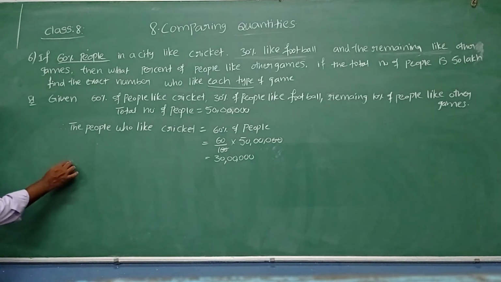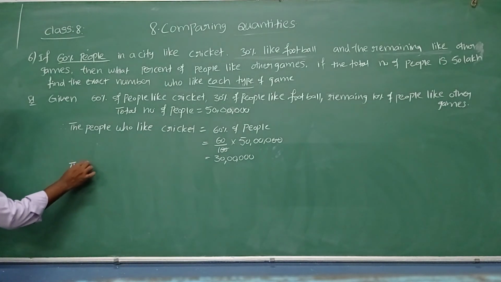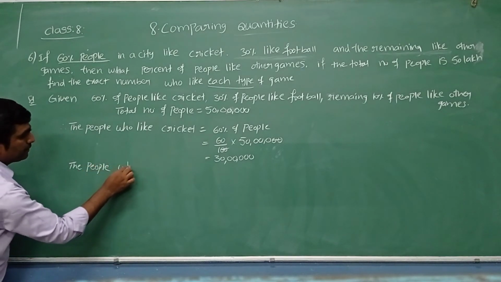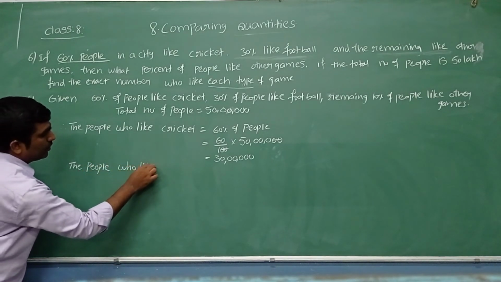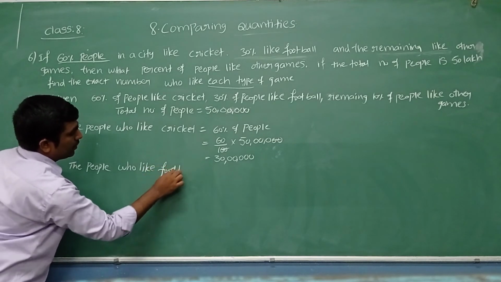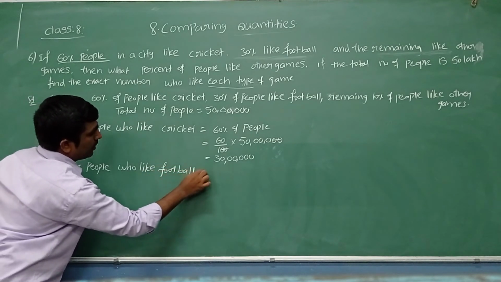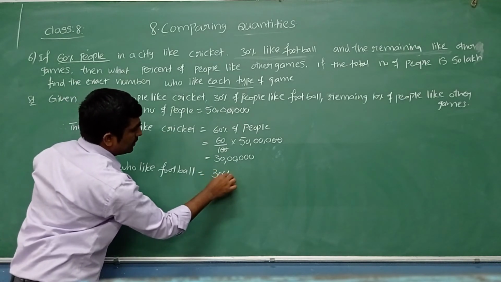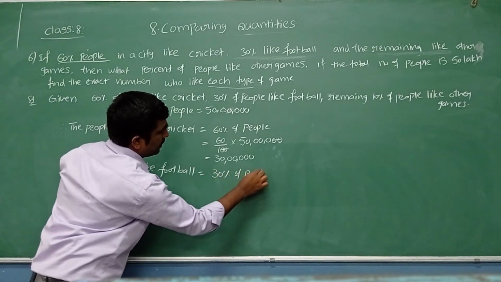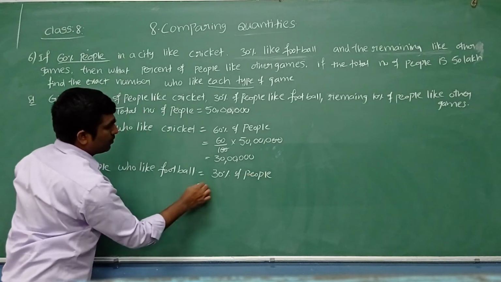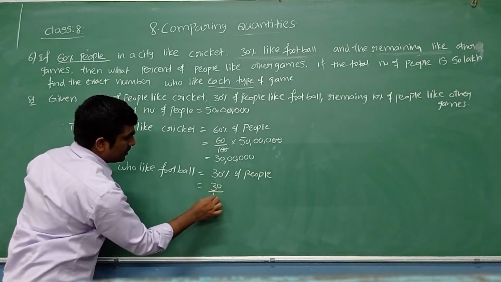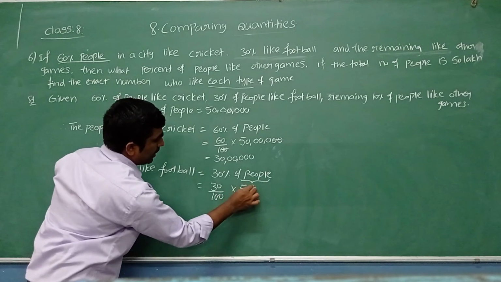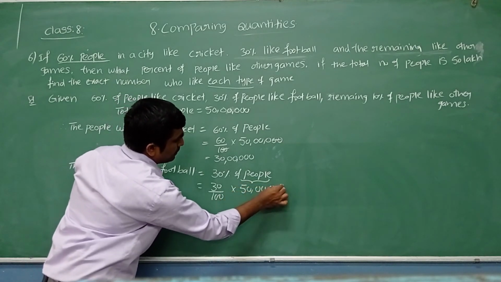So next we can write the people who like football. The people who like football is equal to how much they said here? 30% of people. Sir, 30% of people like football. So 30 out of 100 into the total people, 50 lakhs.